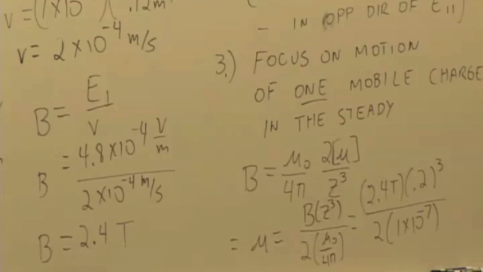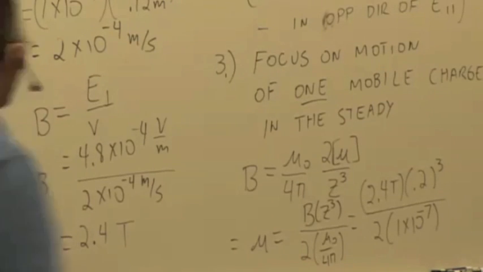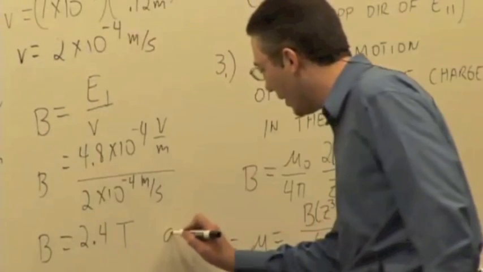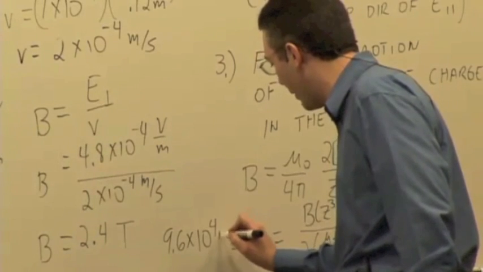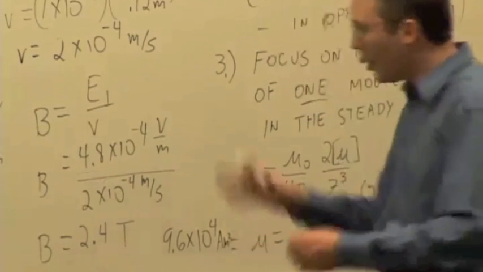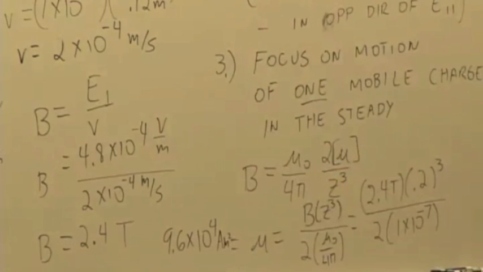Just plug it in. 96,000? Okay, it's a pretty large magnetic dipole moment, 9.6 times 10 to the 4th, and the units are amp meters squared.